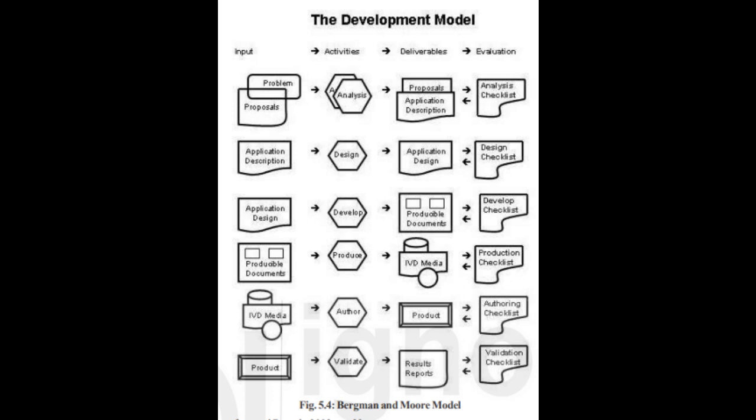The output of each activity in the system becomes the input of the other activity. Thus, the Bergman and Morey model is a linear model but is represented in rows and columns. Each of the 6 activities in the model can be considered as stages, and each stage has some input, activity, production, implement, and evaluation.